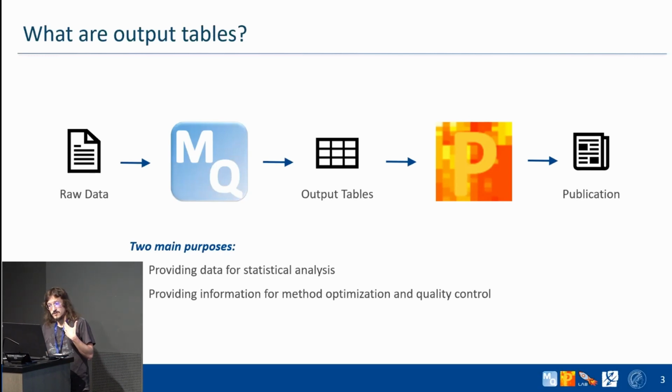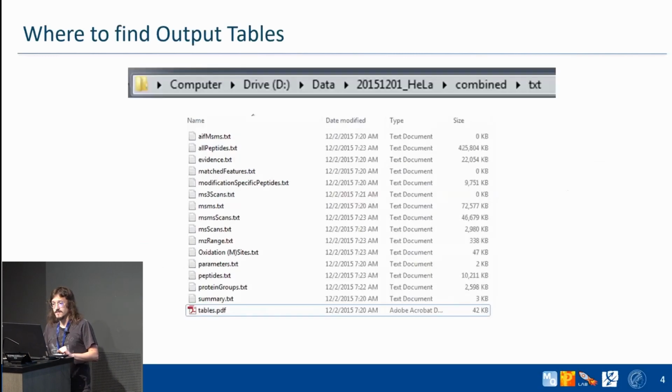But in the output table you don't have only the information about the results that you get, you also have further information that will help you understand how good your experiment was, and also if MaxQuant performed as expected. Let's see here, for example, this is an output that you will get from MaxQuant.